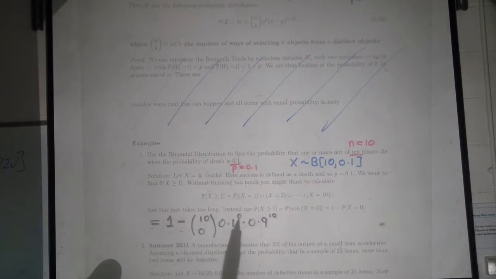And what's n minus k? 10. So it'll be 0 of them dying, 10 of them living. They're all multiplied together. A bracket is probably better actually. I won't put a bracket over here, it's a bit confusing.